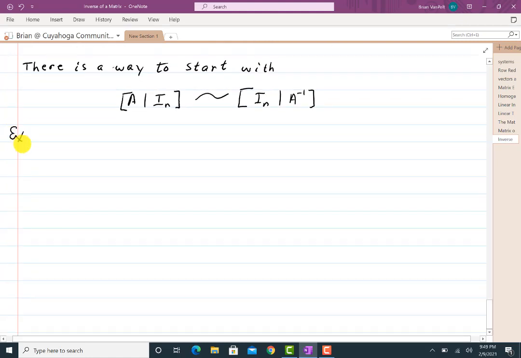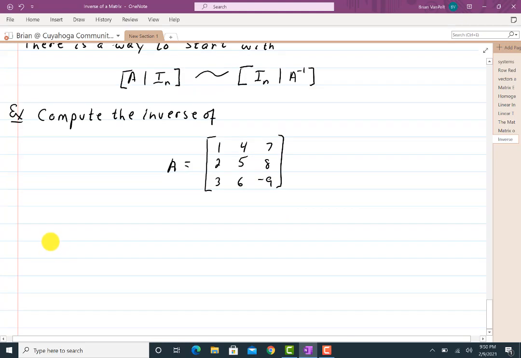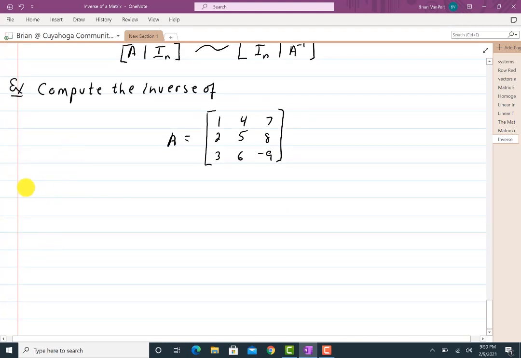So as an example, let's compute the inverse of my matrix, 1, 2, 3, 4, 5, 6, 7, 8, negative 9. So I'm going to start with A augmented with I3 in this case.